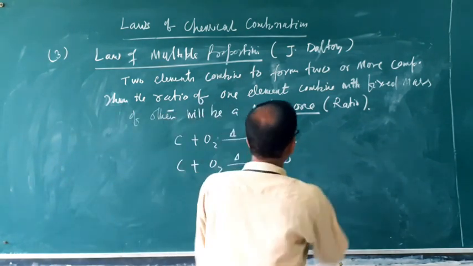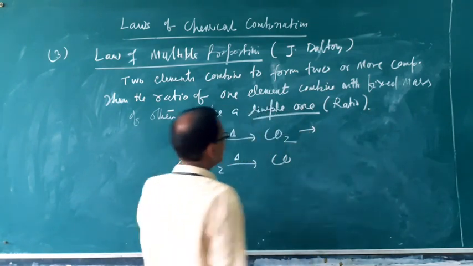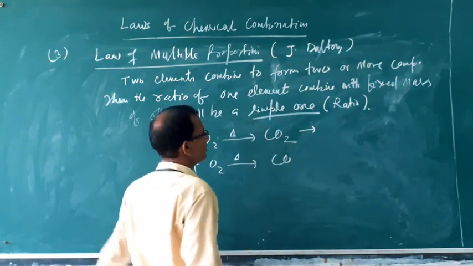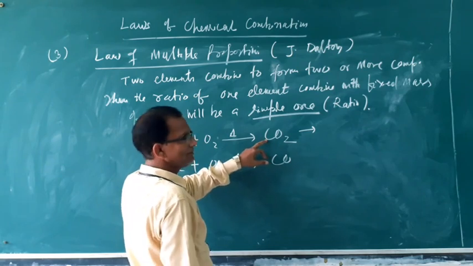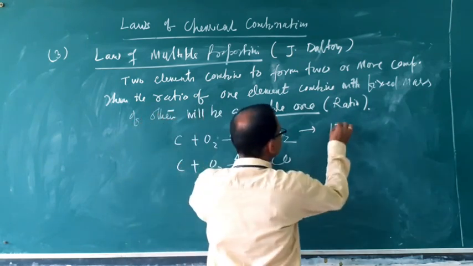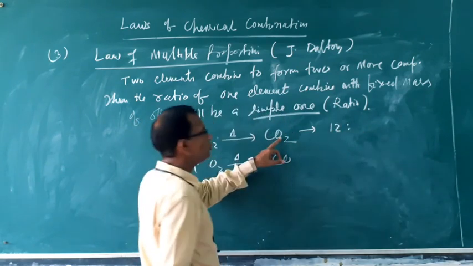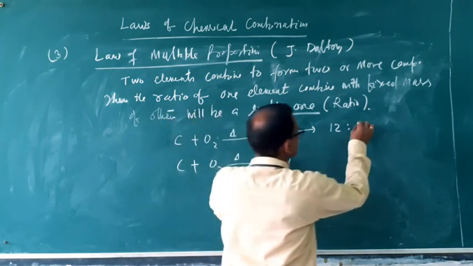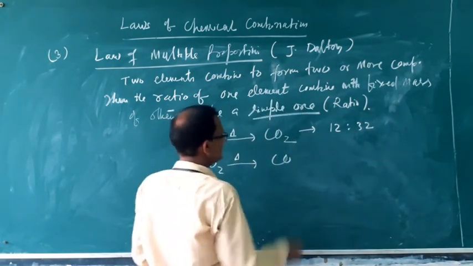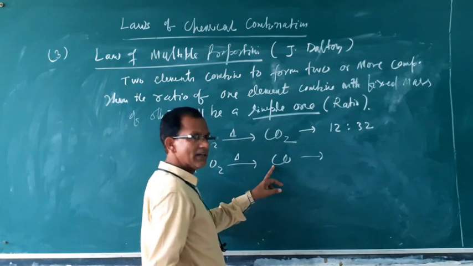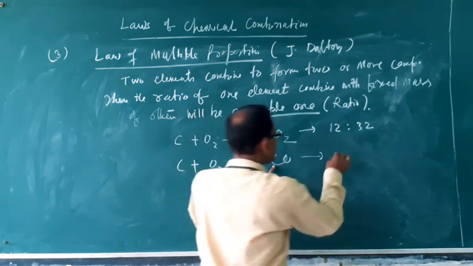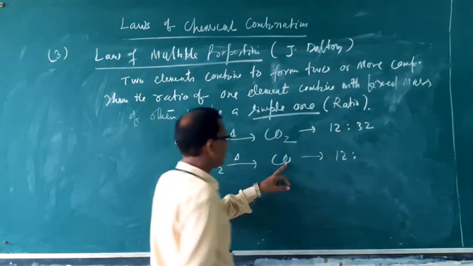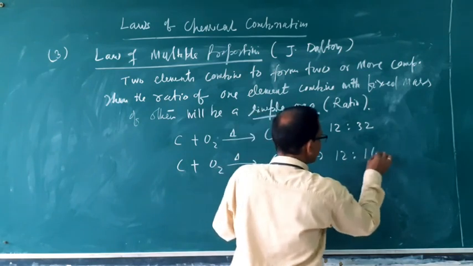So you see the ratio of carbon and oxygen. Here one carbon, the relative mass is 12, and 2 oxygen, the relative mass is 32. Then in CO, the relative mass of carbon is 12, and for one oxygen that is 16.